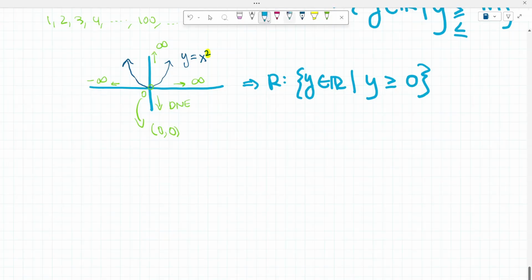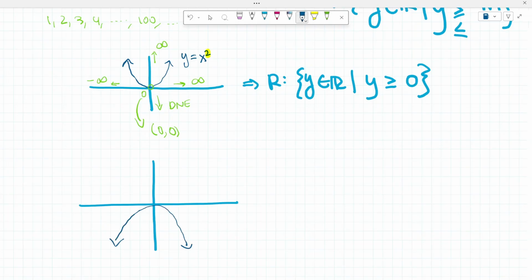What if we had the opposite? What if we had something that looked like this, where we had a reflection over the x-axis? So now our function is y equals negative x squared. It's still an even polynomial because we can look at the degree, but now we have a negative leading coefficient, which is causing our function to open downwards.